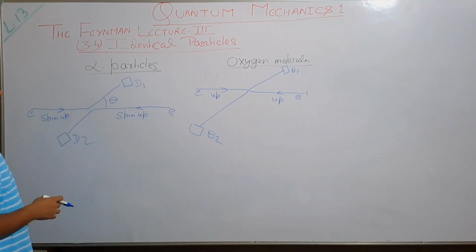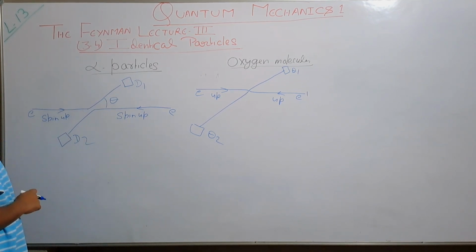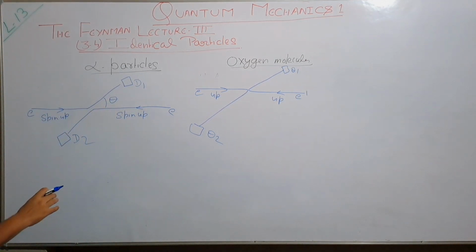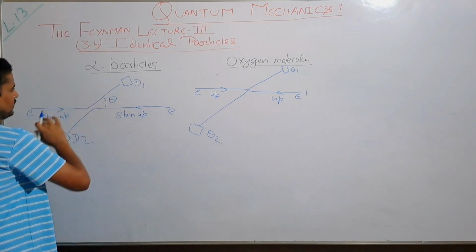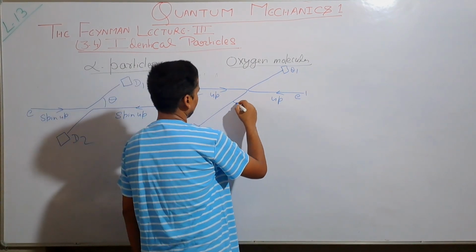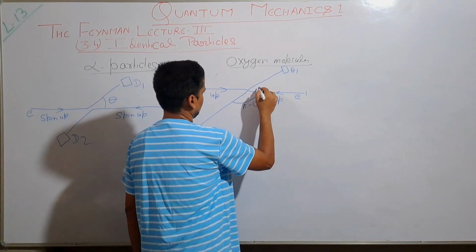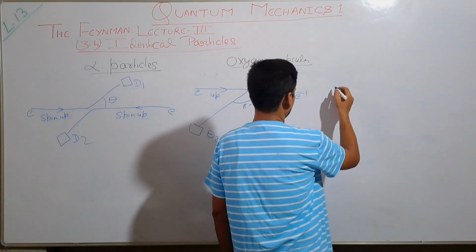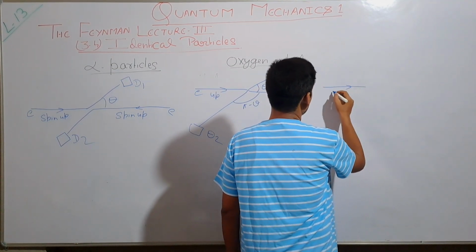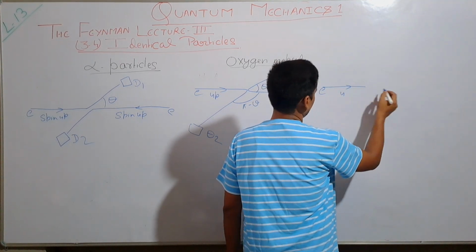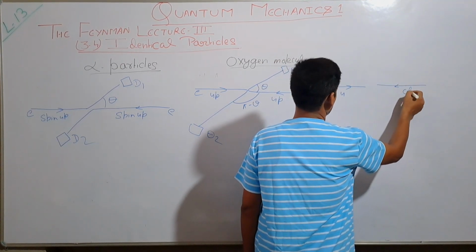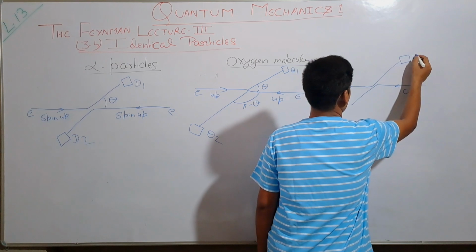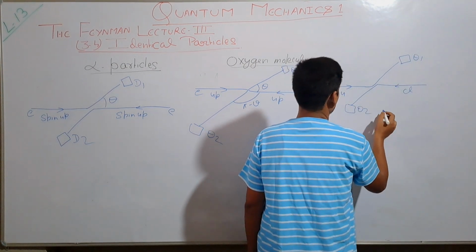Here are the different kinds of arrangement of collision between two electrons. In this one both electrons have spin up, so we can arrange it such that the angle between these two is theta. Again we can arrange it such that the angle between these two is pi minus theta. Again another case where this electron has up spin and this electron has down spin, with the D1 detector and D2 detector.